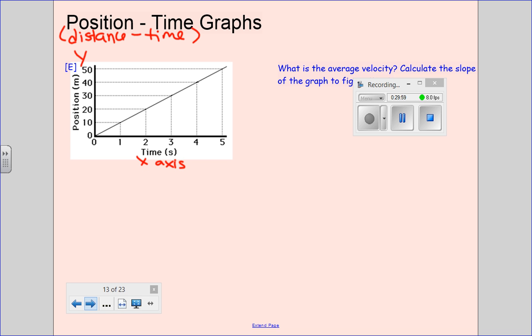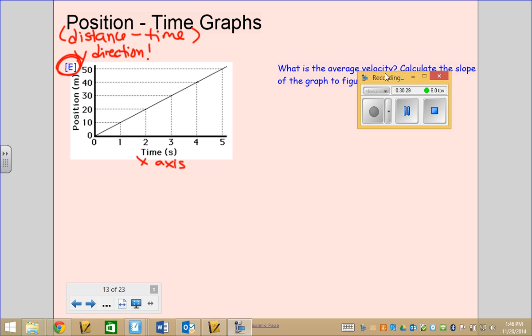The thing that you'll notice is that position has to have a direction associated with it, whereas distance did not. So in this particular example, since I put an E in brackets, I'm saying that the direction was east. Now I could ask you the same thing about a position time graph that I could ask you about a distance time graph.